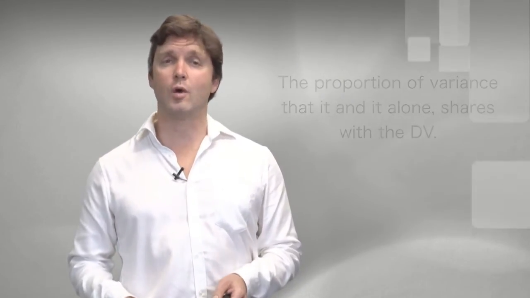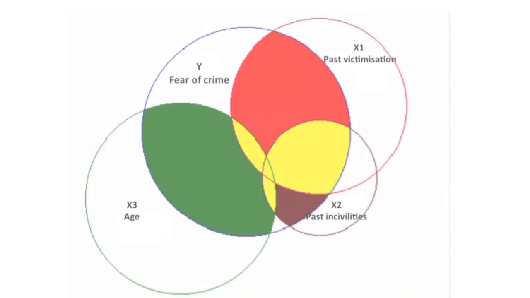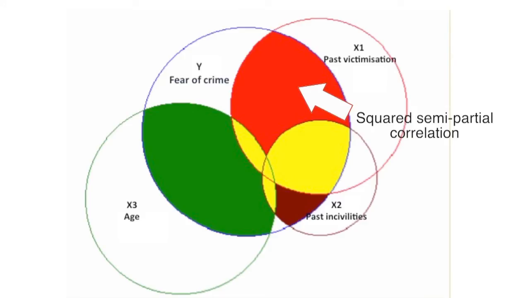So here for x1, it's represented by the red shaded area. This is a portion of the big R squared that's uniquely attributed to past victimisation. It's known as a squared semi-partial correlation and reflects a semi-partial correlation of past victimisation with fear of crime. The proportion of variance that it and it alone shares with the DV.